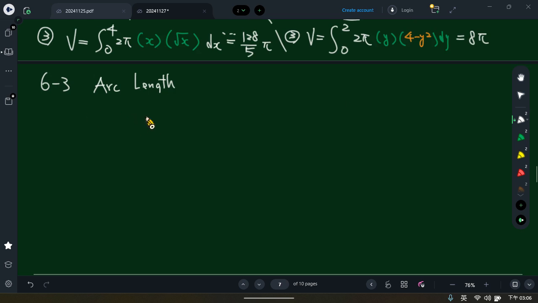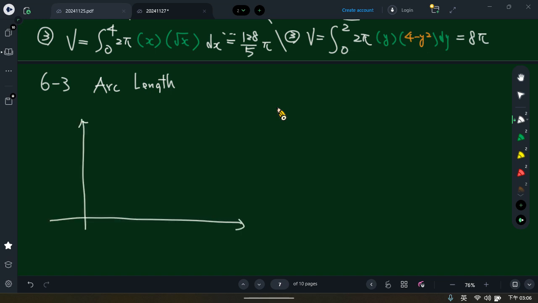So we also think about how we can use the integral to calculate the arc length. Arc length means if I give you y is equal to f of x, with x from a to b, can you calculate the length?